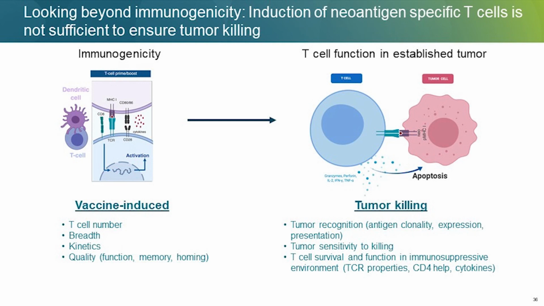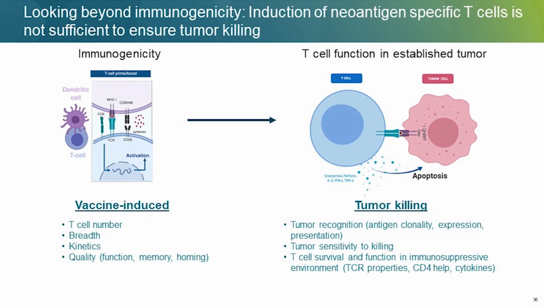Kinetics is controlled, and we can also control the quality of the T cells that are generated depending on the route of immunization or the adjuvant that are used for vaccination. But it's different from T cell function in established tumors.